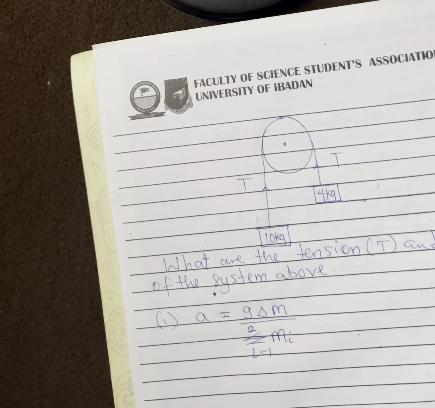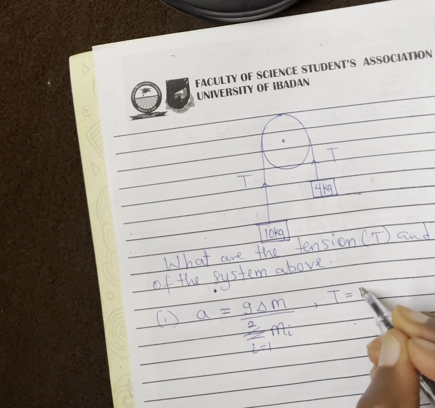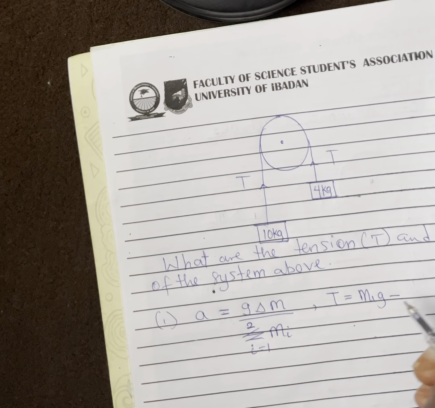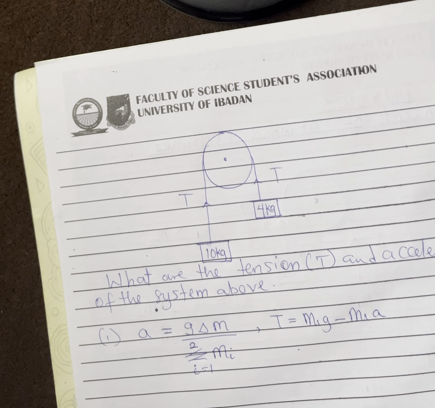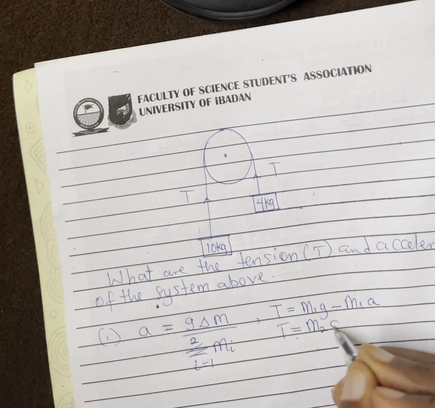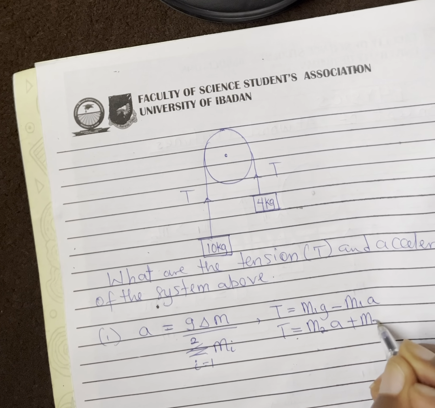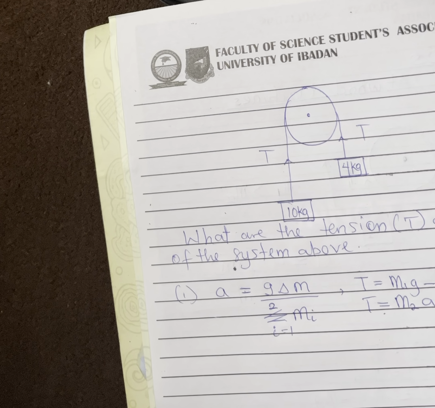And then I said the tension is equal to m1g minus m1a, or you make use of T equals m2a plus m2g. So we have to find the common tension and the acceleration.